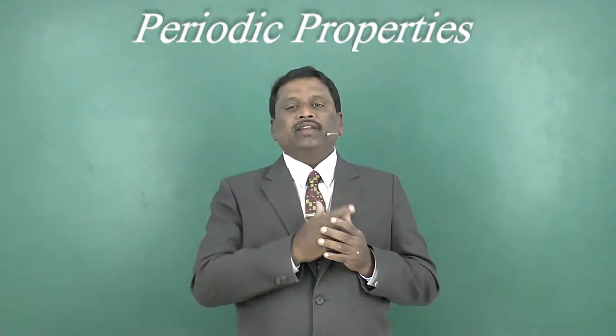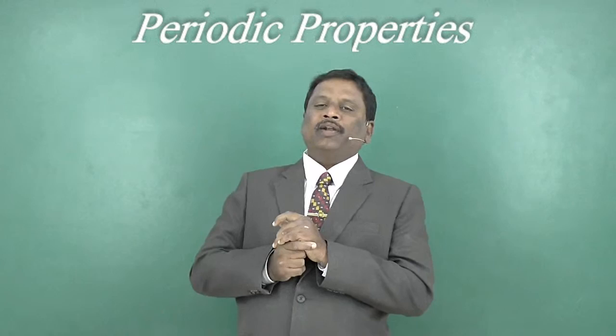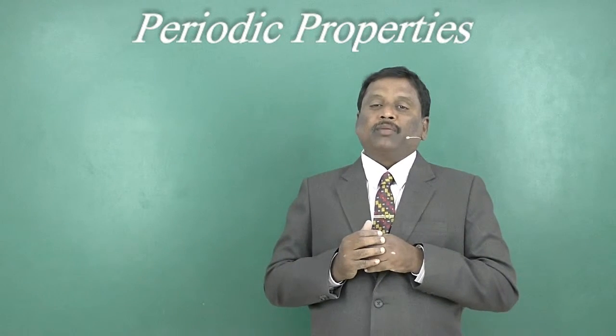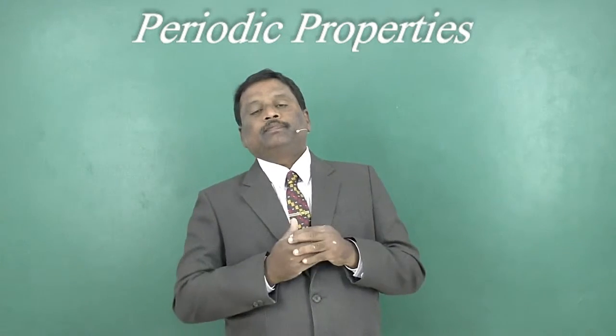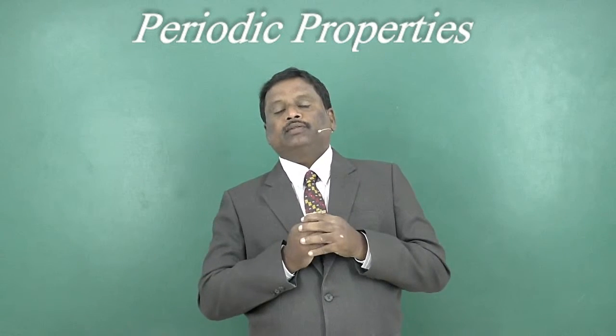Now the other point is the type of bond by which the atoms are bonded together, because many types of bonds are involved in the formation of compounds. For example, in a metal crystal, metal atoms are bonded with a metallic bond.